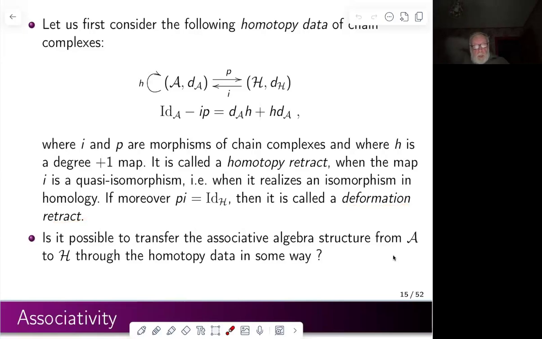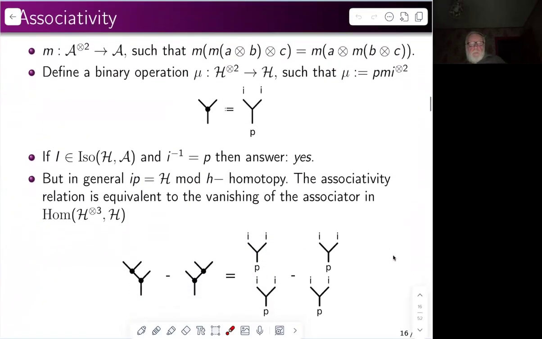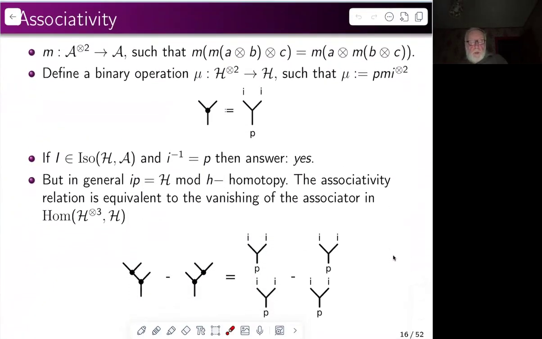And then we have the natural question. If we have an associative structure in one complex, when can we transfer this associative structure to another complex, if we have this homotopy data? So can we transfer the associative structure from A to H through this homotopy data? Well, let's informally think about it. What does our associative multiplication m from A tensor A to A mean?